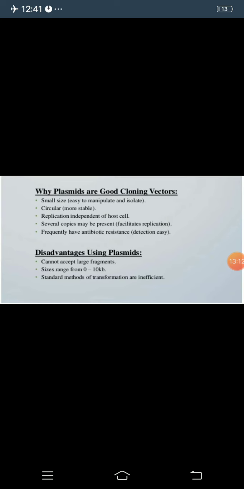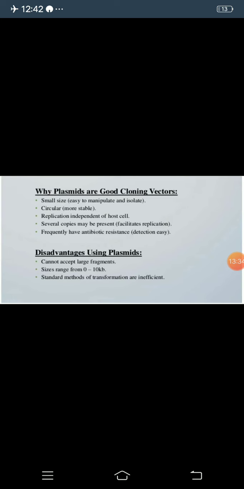Replication is independent of the host cell, which is a basic property of any vector. Several copies may be present. It has antibiotic resistance genes, so detection is easy.